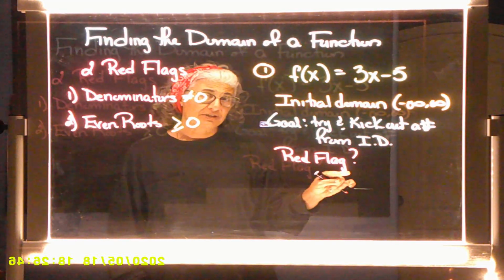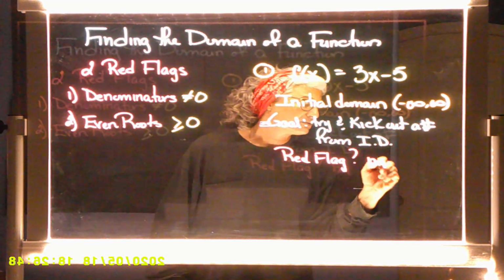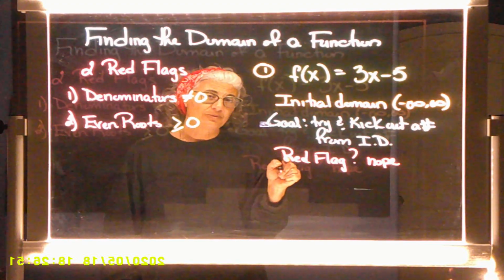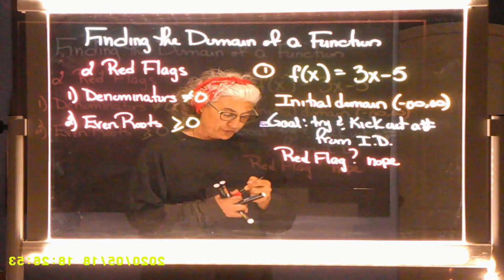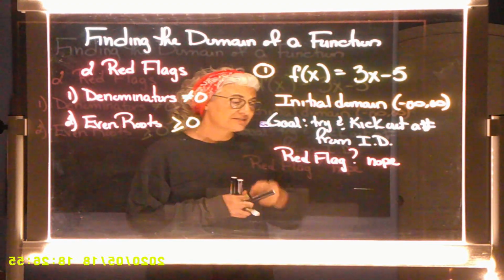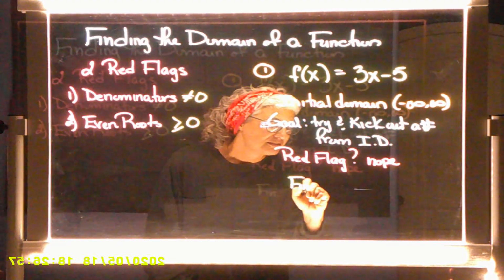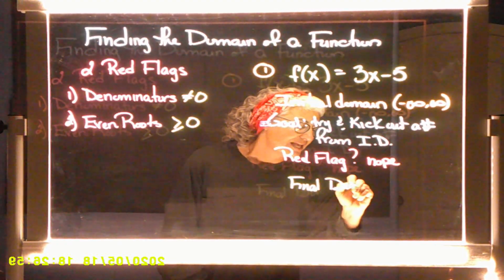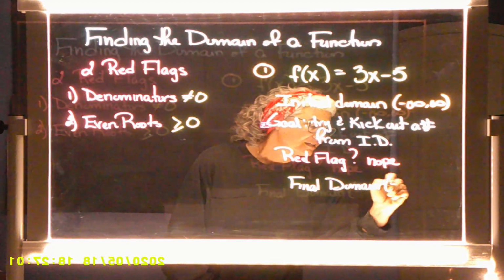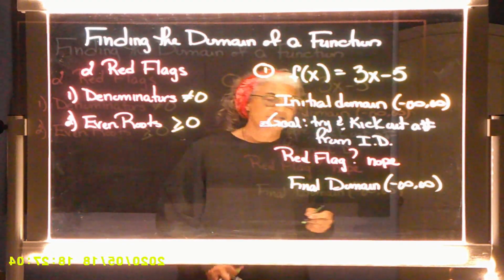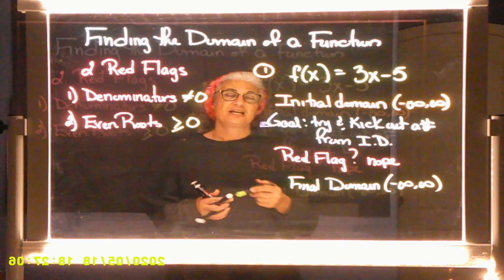So did I have any red flags? Nope. Am I kicking any numbers out? Nope. So in this case, the final domain is exactly the same as the initial domain: negative infinity to positive infinity. You didn't kick anybody out.